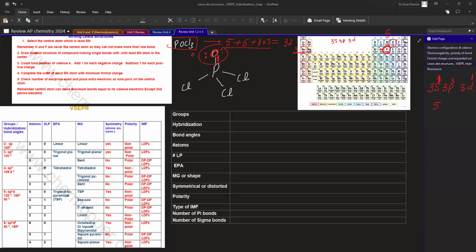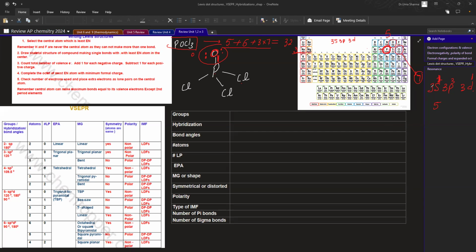How many maximum bonds can chlorine make? How many valence electrons can chlorine have? 7. It has 7 valence electrons, so here it can make only 1 bond. Why? Because it is not the central element. Only central elements tend to go for expanded octet. The elements which are not in the center will not expand their octet.